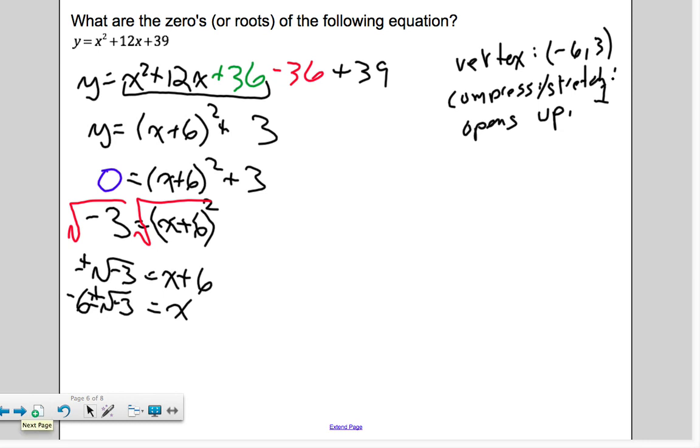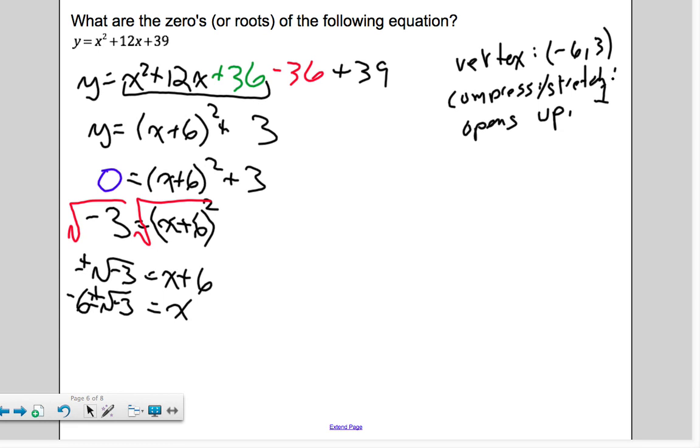So what's the square root of negative 3? Can you take the square root of a negative number? What number, when you multiply it by itself, gives a negative? A positive times a positive gives a positive.